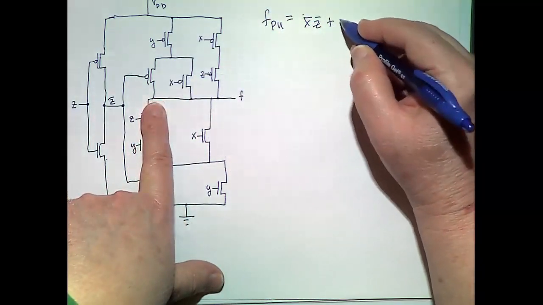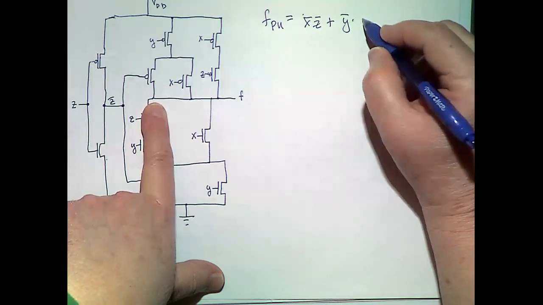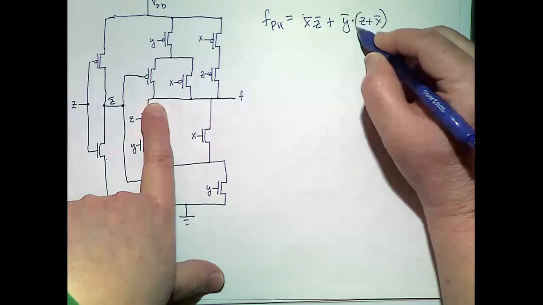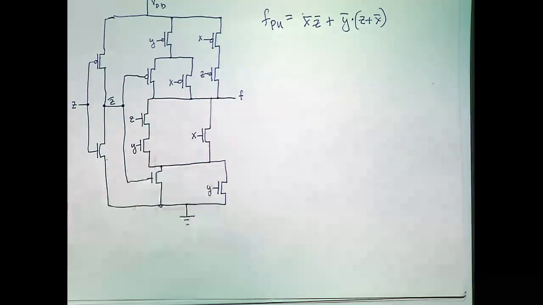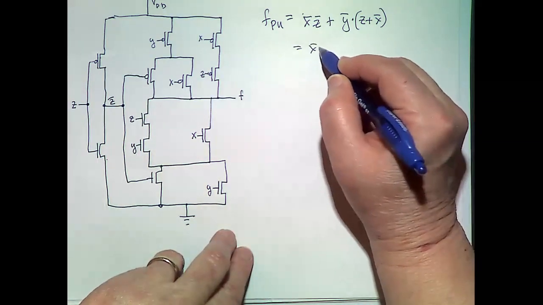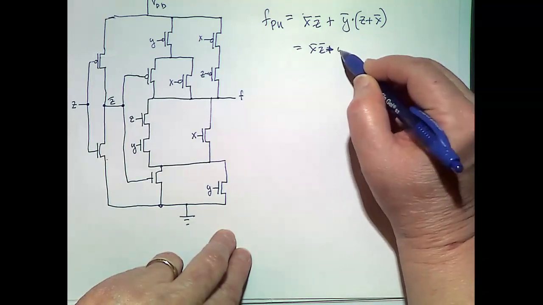Not Y and Z, or not X in parentheses. Okay. All right. Everybody agree? Okay. And here, I'll just write this out again as a sum of products.